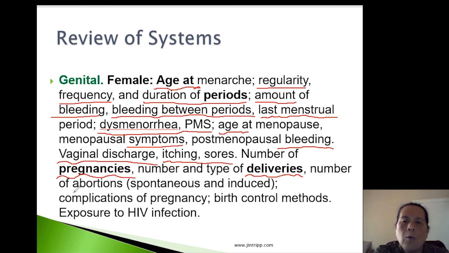And how many abortions? And also we ask about birth control, which way? And we still ask about the illness relationship with sexually transmitted illness, like HIV, or if the patient has had HIV before.